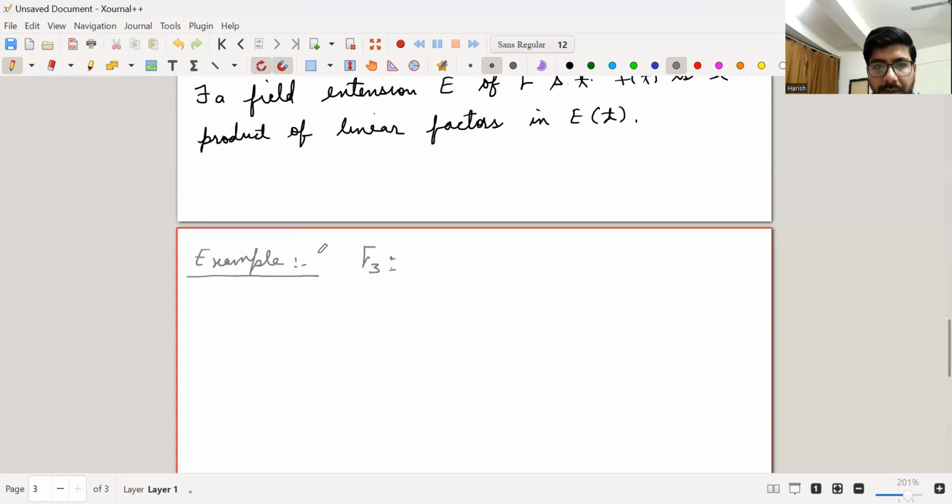F3, you all know that it's a field of 3 elements, right? And let p(t) be the polynomial t raised to 8 minus 1 in F3[t].